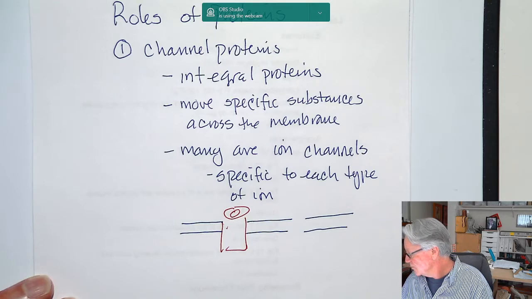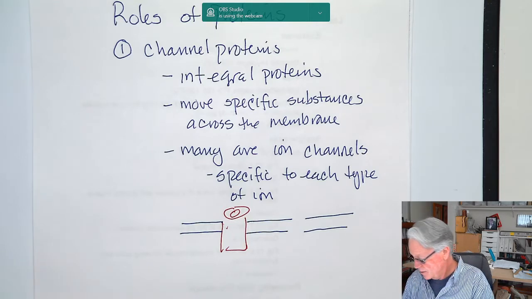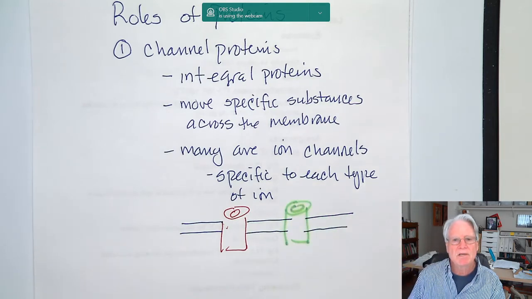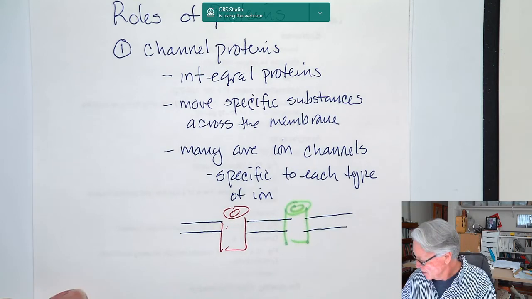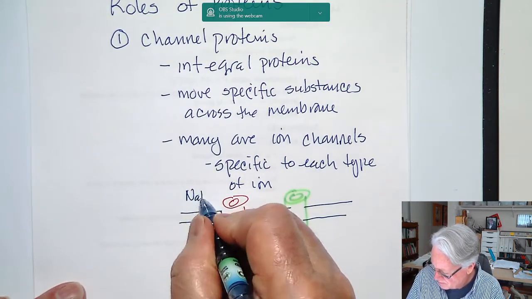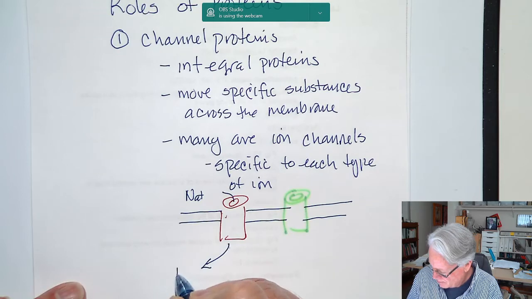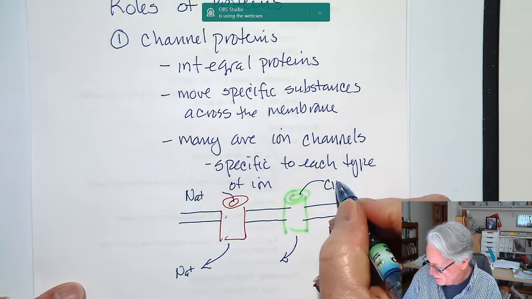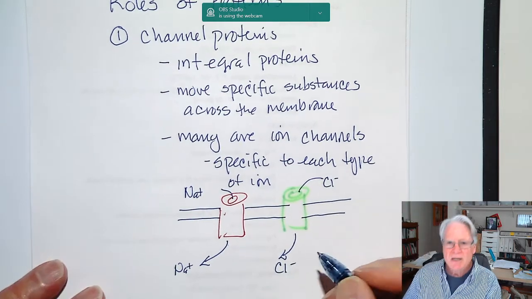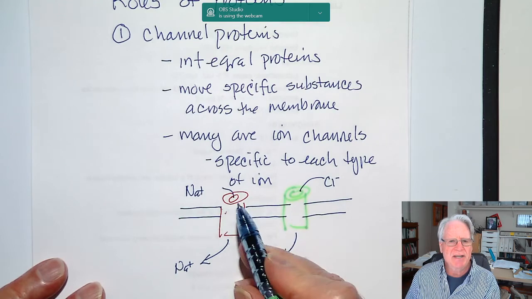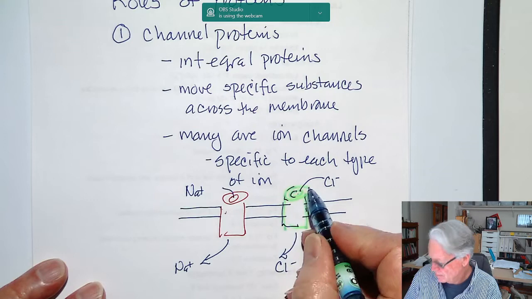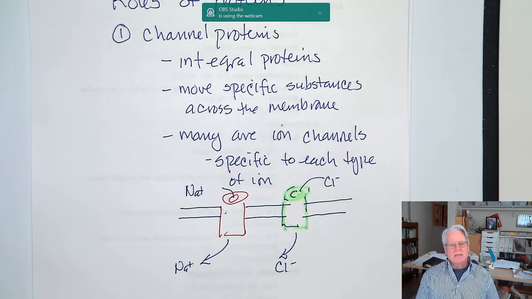So let me find a different color. All right. So we have two different types of ion channels. One is specific for sodium. And then let's say the other one is specific for chloride. So chloride cannot use this channel, and sodium cannot use that channel. Okay. That's what I'm talking about when I talk about specificity.